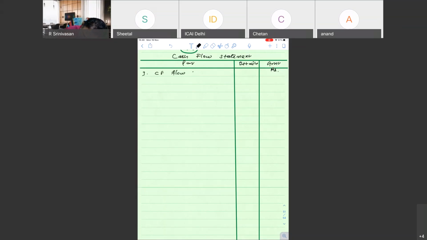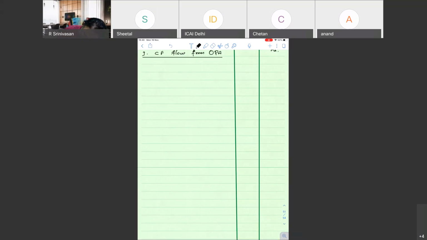Cash flow from operating activities. Then why do we show it under current liability? Who will answer me? Net profit. And tax provided.